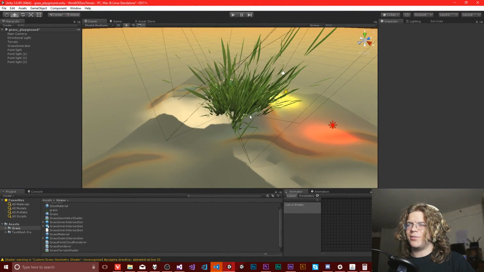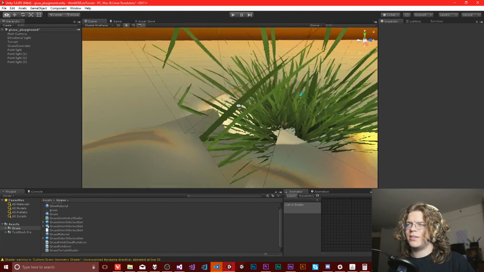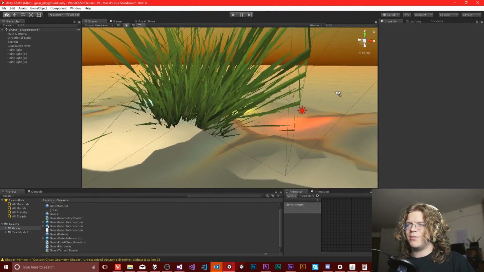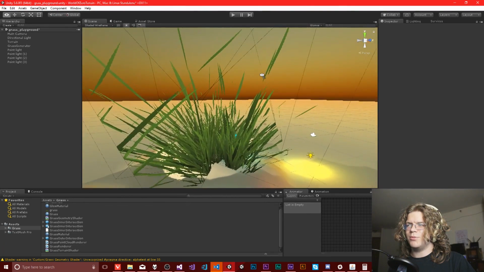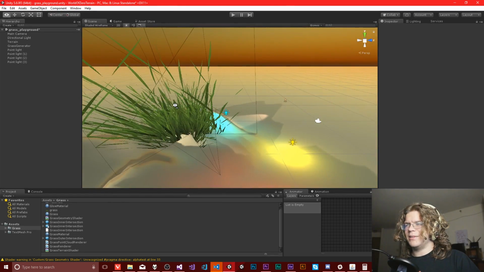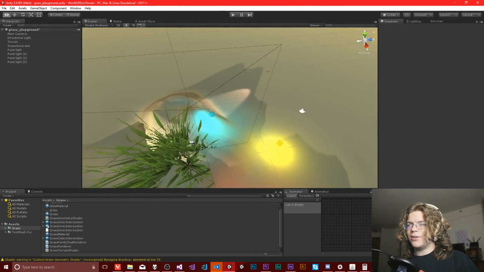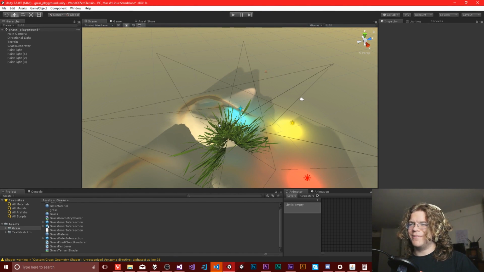Like you can see this blade of grass here. I don't know if you can see, but this one right here, it's actually getting wrapped around and shooting off into wherever it's going. I don't like that. But I don't know how to fix it. Well, I know how to fix it, I just don't want to. Which is almost as big of a problem.